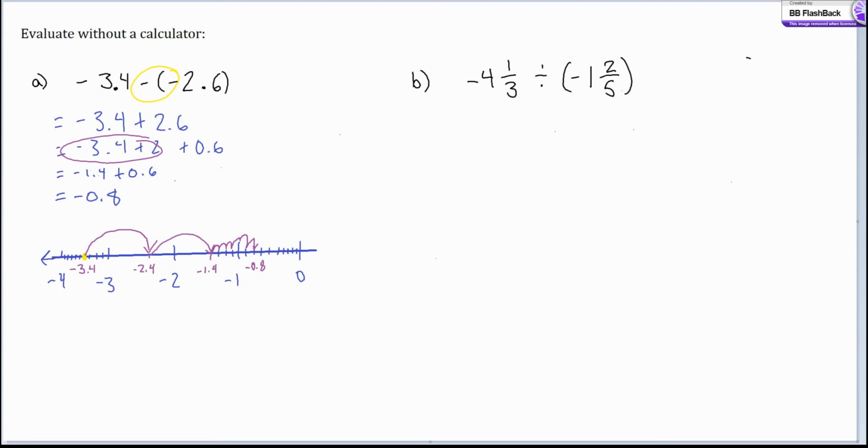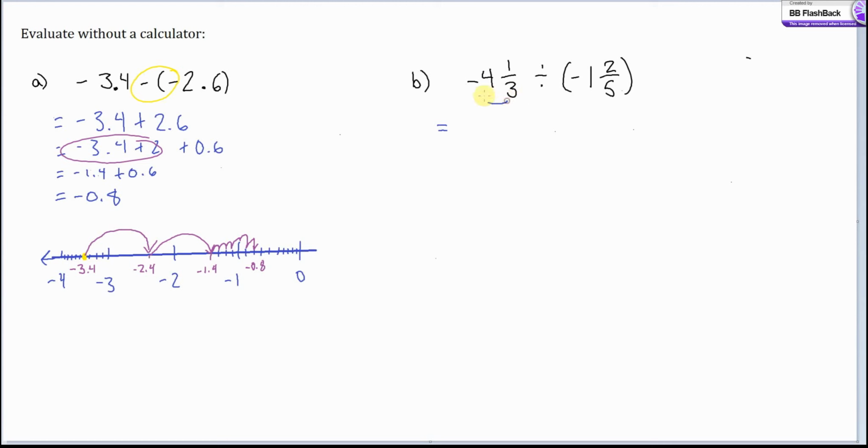So the next question is working with fractions and negative fractions. And these fractions are mixed numbers. So the first thing that we need to do is change our mixed numbers into improper fractions. Negative 4 and a third, we want to change that from a mixed into an improper.